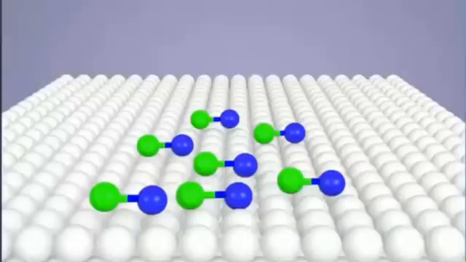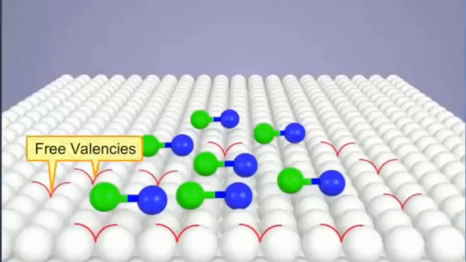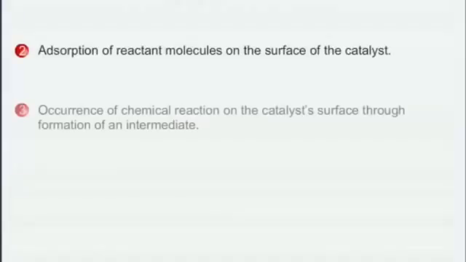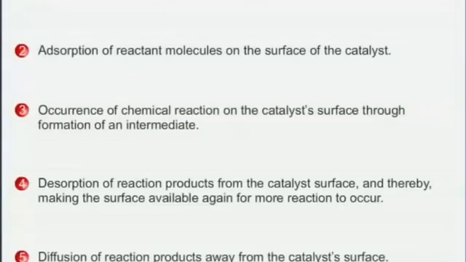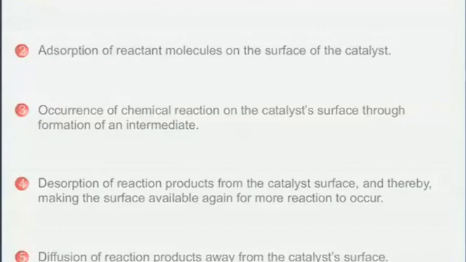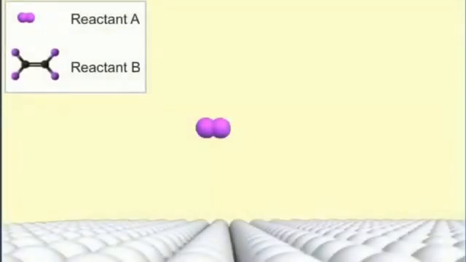According to the modern adsorption theory, free valencies are present on the surface of the solid catalyst. The catalysis process involves 5 steps. The first step involves diffusion of the reactant molecules towards the surface of the catalyst.